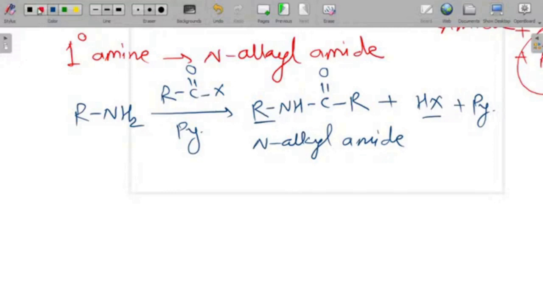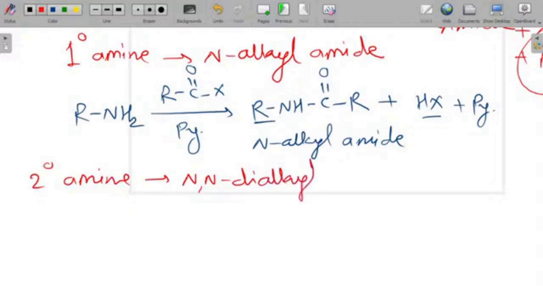Now we'll see the reaction with secondary amine. With secondary amine it forms N,N-dialkyl amide as the product. How does this reaction take place? If you see the secondary amine RNH R, nitrogen is attached to two R groups.